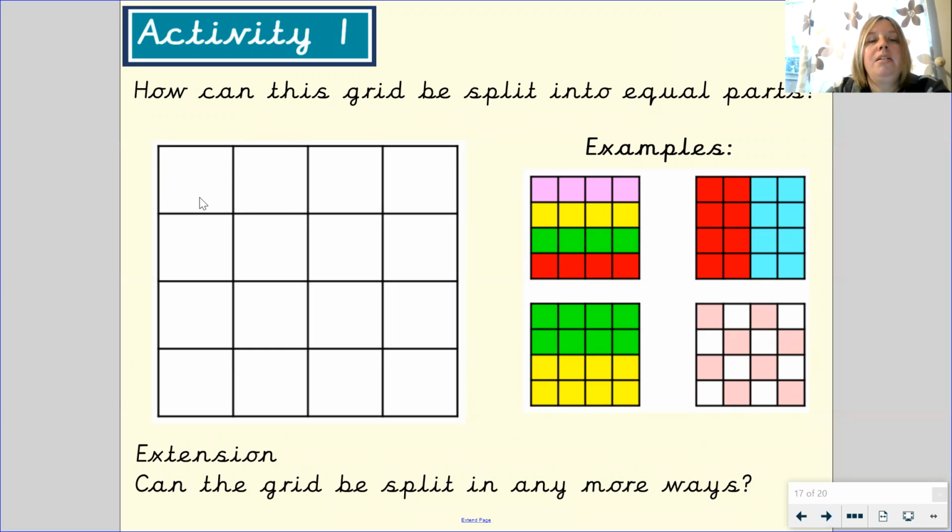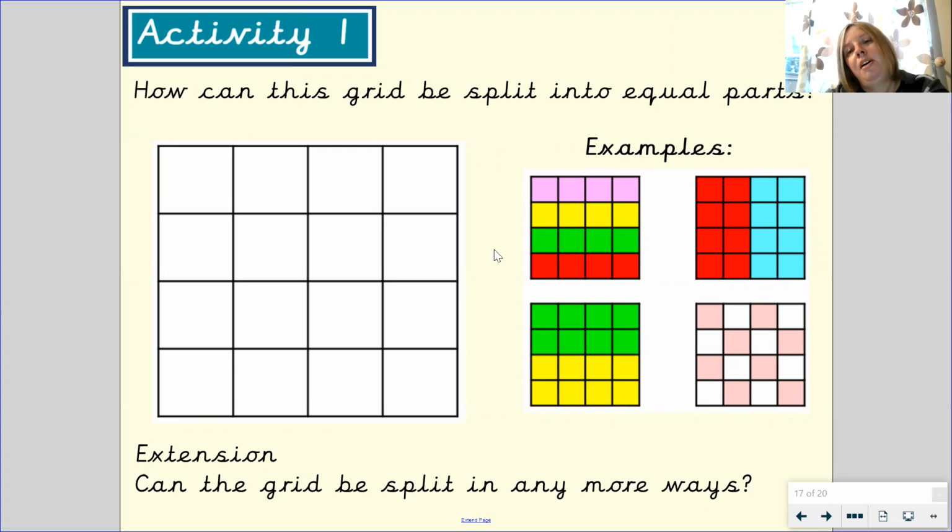There are 1, 2, 3, 4 squares along and 4 squares going down. You need to use a ruler to draw the grid. Then you need to explore how many different ways you can colour it in to make equal parts.